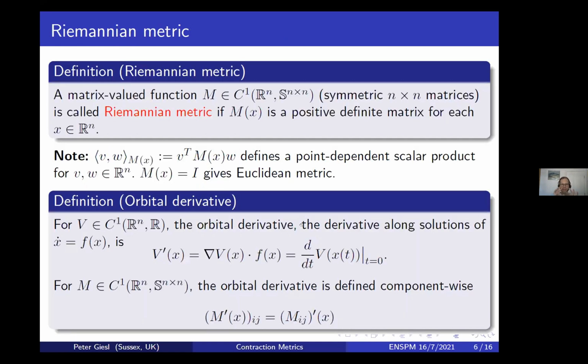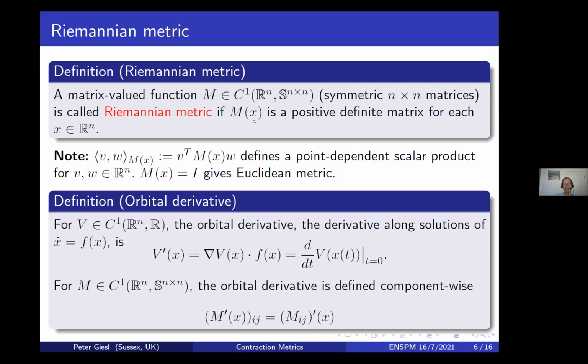So that was kind of a verbal overview. Let's go into a bit more mathematical notation now. A contraction metric is actually a Riemannian metric, so something to measure the distance. And in our context, it's just a matrix-valued function defined on all x in the phase space, and the values are symmetric n times n matrices. Additionally, they need to be positive definite matrices.